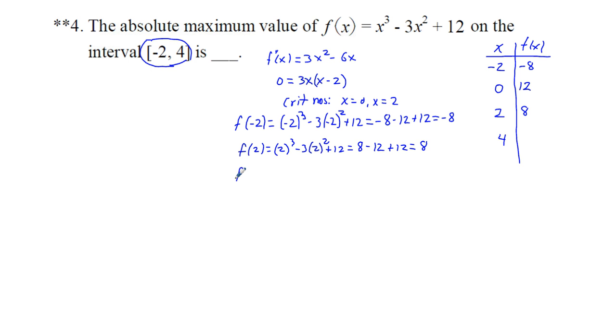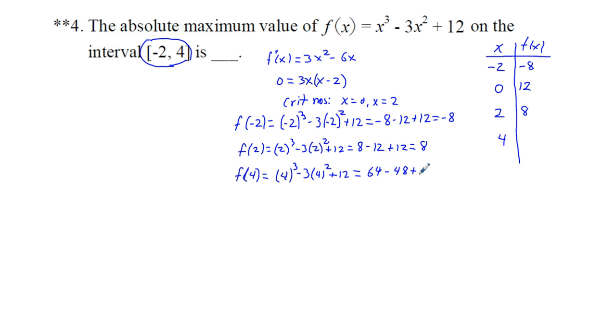And finally, we're going to take f of 4, examine our last candidate here. And for that, we're going to get 4 cubed minus 3 times 4 squared plus 12. And for this, 4 cubed is 64, and then minus 3 times 4 squared. 4 squared is 16, times 3 is negative 48.